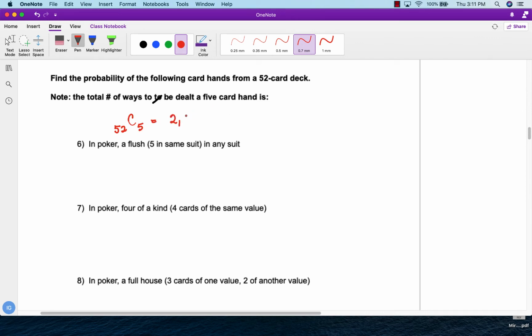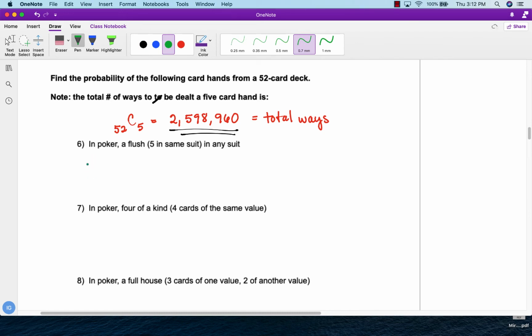So remember this number came over and over in the last chapter. This is the total number of ways. So I'm going to put that here. Total ways to pick 5 cards, any 5 cards from the deck of cards, okay? Alright, we're going to use this because this is our total. We're going to use it over and over, okay?